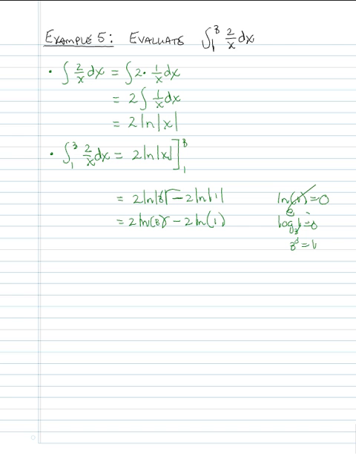And e to the 0 is 1. That's the reason we know the natural log of 1 is 0. So this simplifies a little bit, because in the second position we have minus 2 times a 0, which of course is just 0. And so the final answer is 2 times the natural log of 3. If we were asked to approximate it, we could with our calculator, but most likely this would be the answer that we're asked to leave.